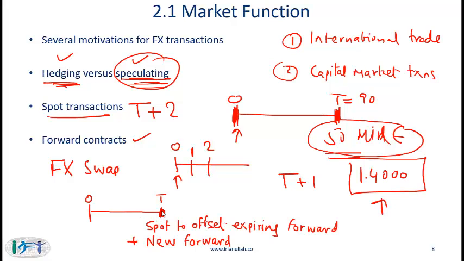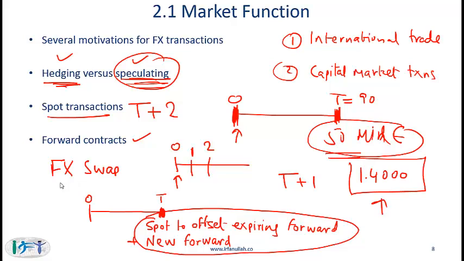As we approach this point in time and the original forward contract is about to expire, then if we get into a spot transaction to offset the expiring forward, plus we get into a new forward contract, this combination is called an FX swap.